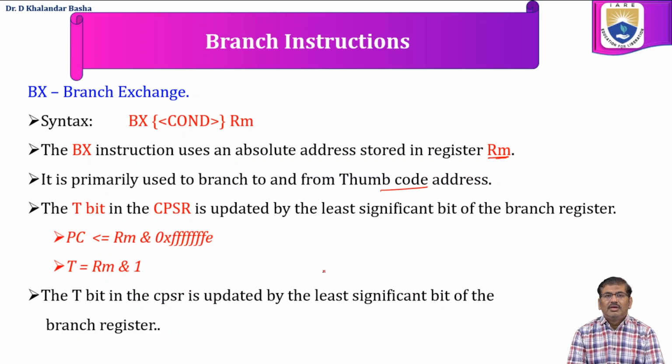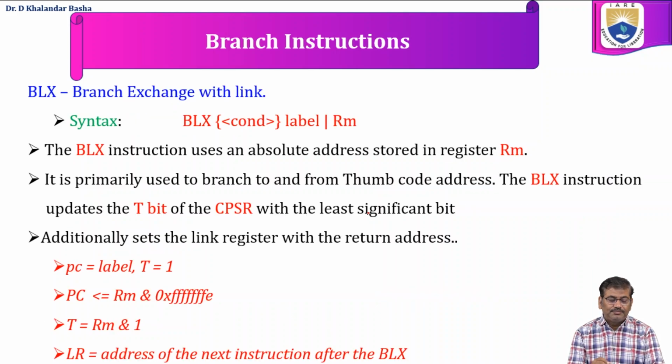The T bit, that is the Thumb bit in CPSR, is updated by the least significant bit of the branch register. So here the program counter is loaded with Rm ANDed with 0xFFFFFFFE, and the Thumb bit T is given Rm ANDed with 1. So the T bit in CPSR is updated by the least significant bit of the branch register.